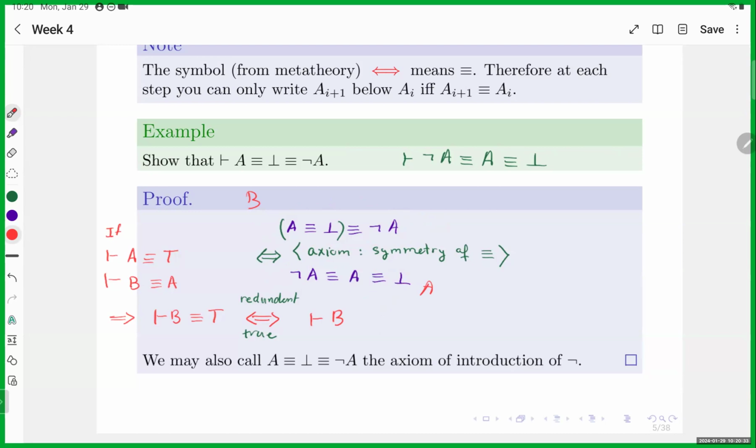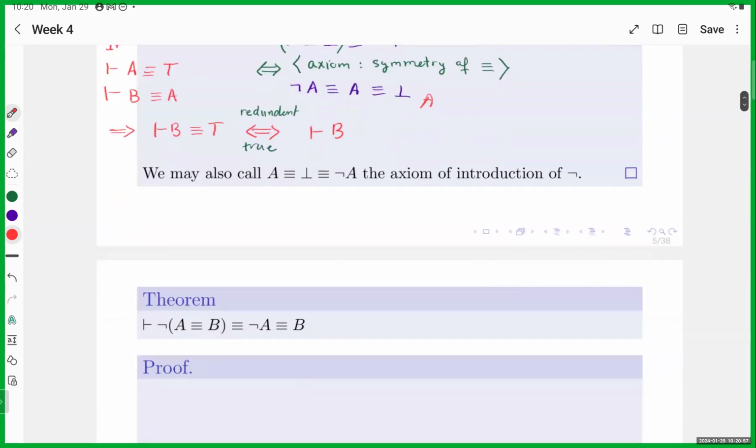Any questions? So this is a style of proof that is very flexible, but usually it makes things easier, especially when you want to show equivalences of formulas, or what essentially are going to be tautological equivalences when we give meanings to these.